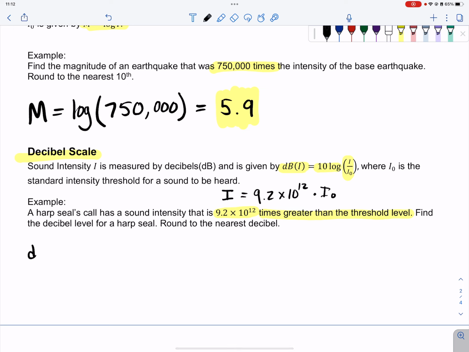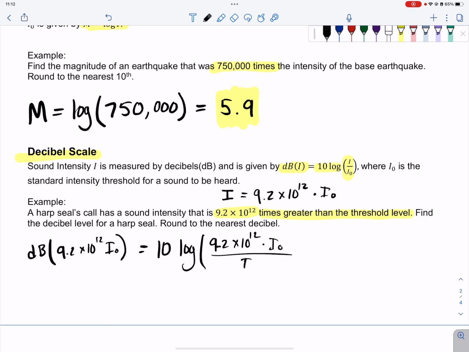So our decibel level of this particular I, which we have as being 9.2 times 10 to the 12th power times the I0, is going to be equal to 10 log of this I, which we have as being 9.2 times 10 to the 12th times I0. But then that's being divided by the I0 here from our formula.